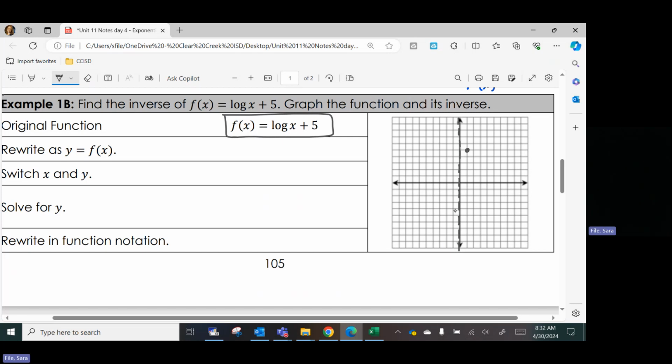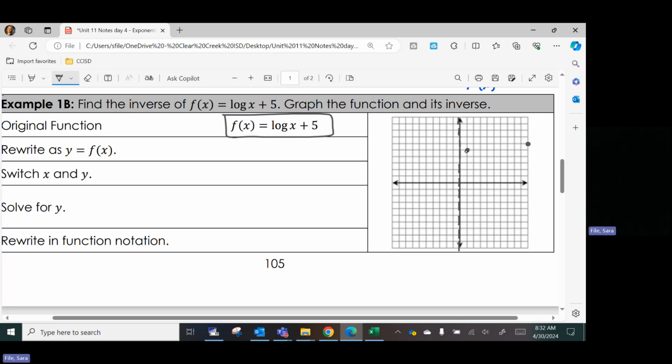All right. Now you could test some other points. This is a base 10, right? If no base is written, it's a base 10. We know if we input a 10, log base 10 of 10 is going to be 1. Plus 5 is 6. If I input a 10, I get an output of 6. So there's going to be a point at (10, 6).